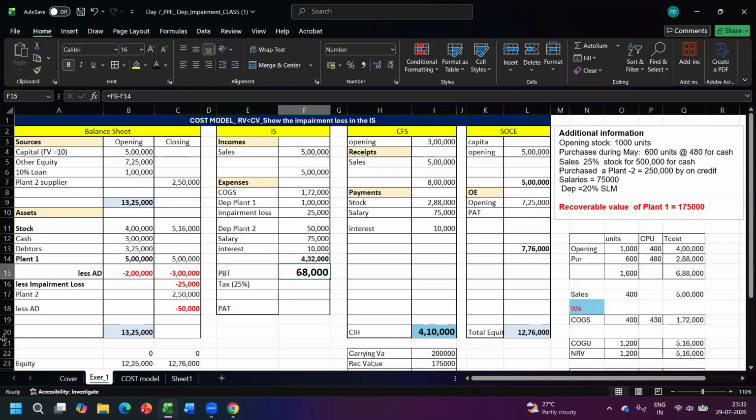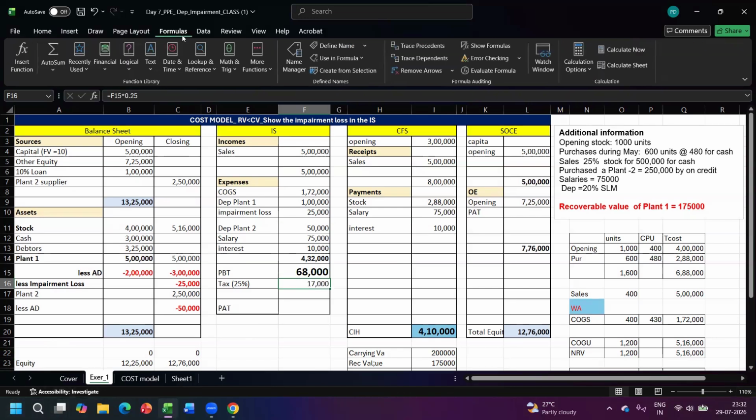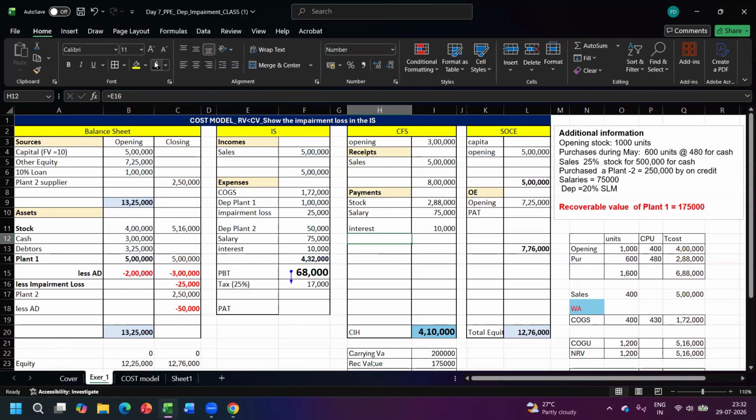Unless specifically mentioned, we'll always assume a corporate tax of 25%, calculated on the PBT for the time being. And since we have sufficient cash, we'll make the payment of tax instead of creating a liability. PBT minus tax is PAT.